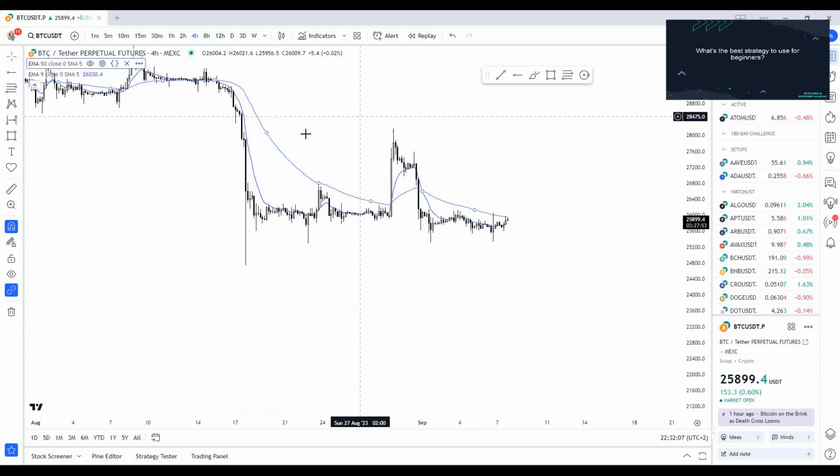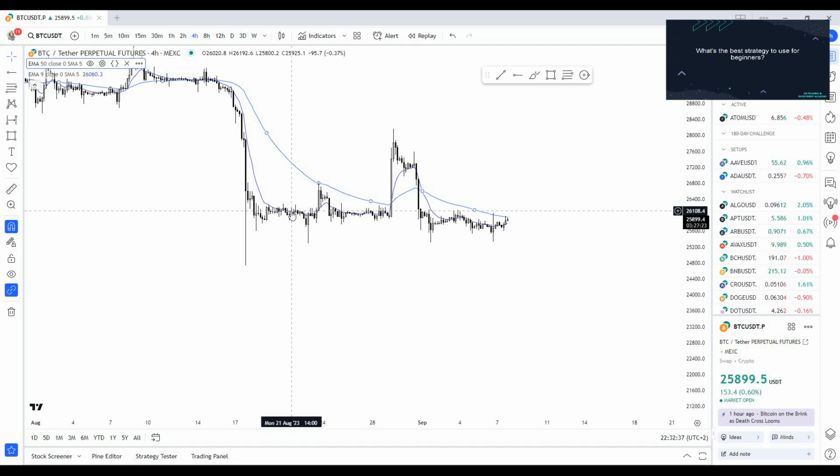The exponential moving average is just the average price of, in the case of a 50 EMA, the average price of the last 50 candles. You have a simple moving average, which gives weight equally to all the candles.